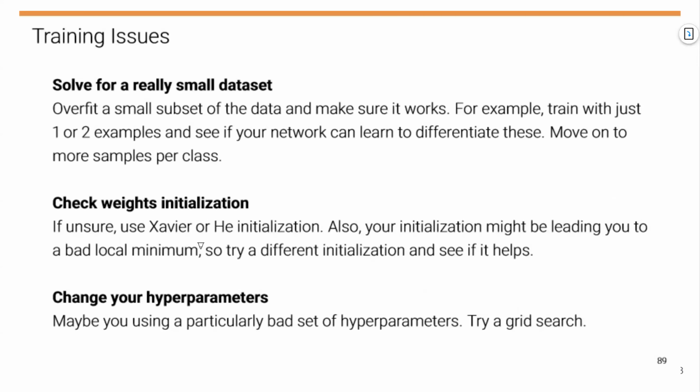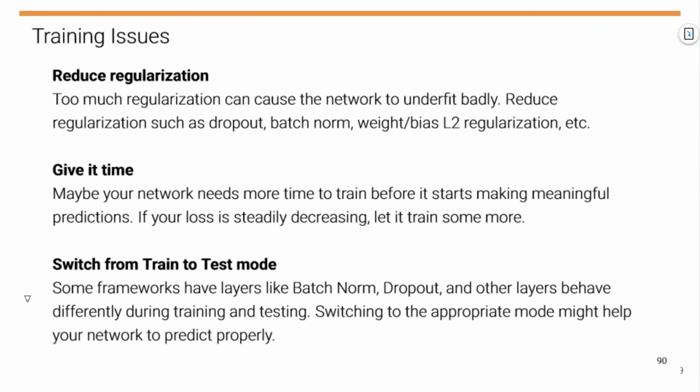Okay, and there might be some training issues. This one is repetitive. You need to overfit a really small data set first and check weight initialization. And try changing your hyperparameters if they are not working well.